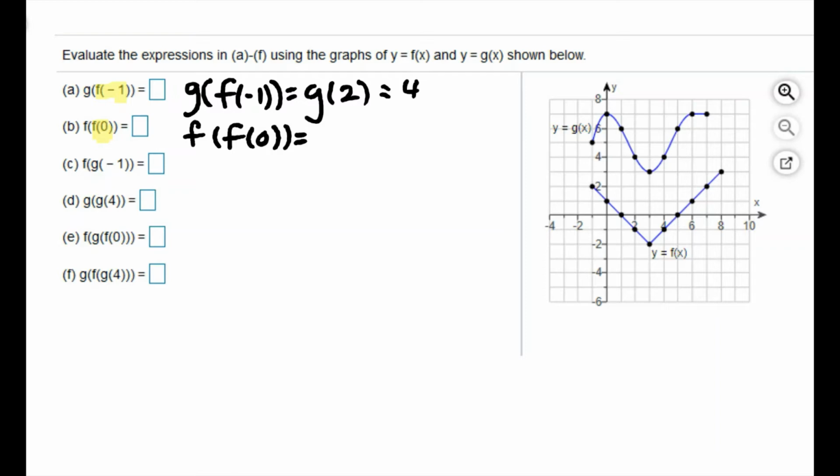I'm going to an x value of 0, going up to the graph of f, and I'm at a y value of 1. So I worked out f of 0 to be 1. Now I want to work out what f of 1 is. Here's an x value of 1, and I'm already on the graph of f. That's a y value of 0.